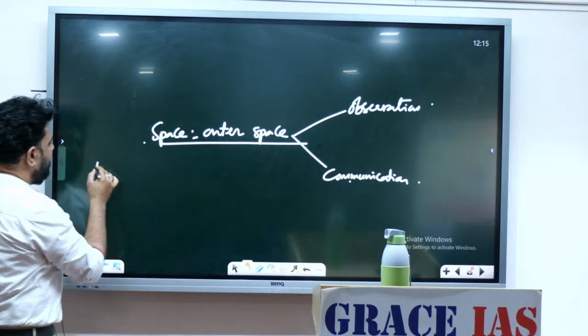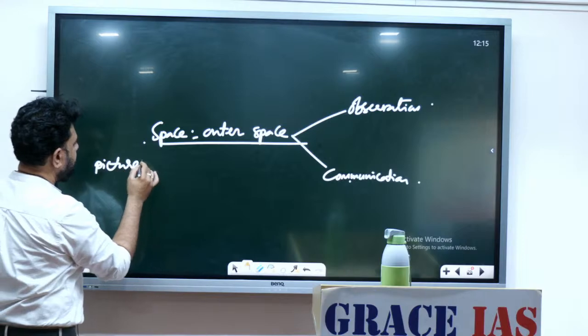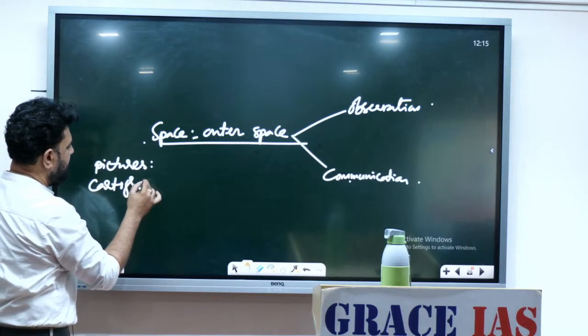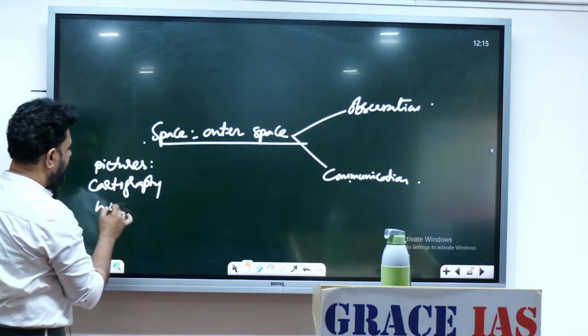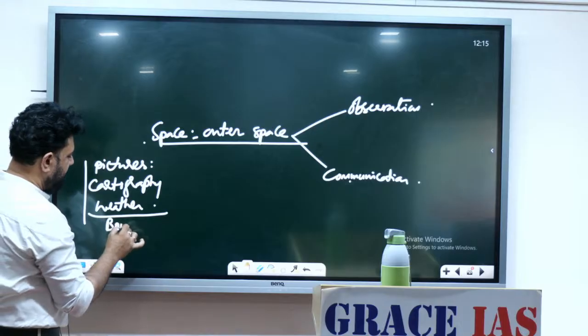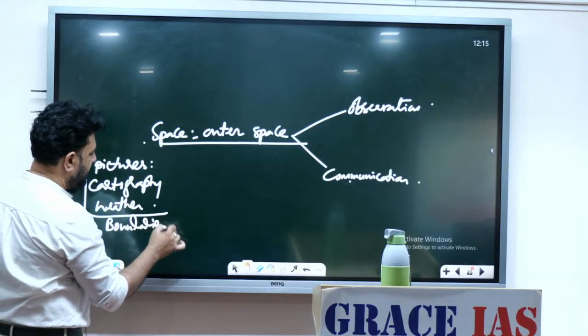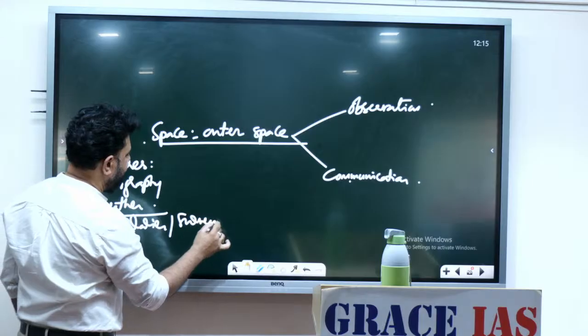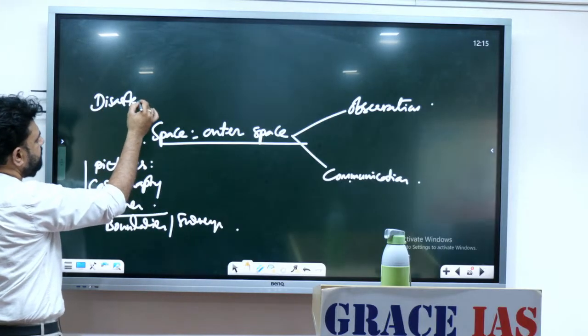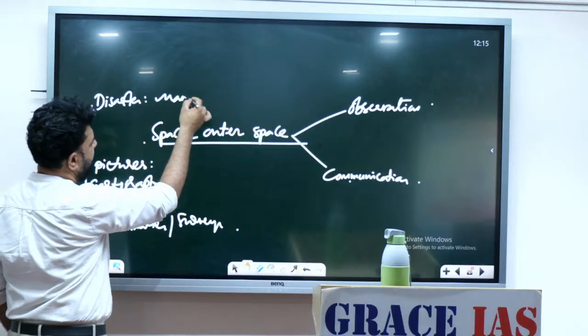Example, to take pictures, and you know the services, right? Cartography. What is cartography? Map. Yes, and weather monitoring here, and then boundaries, to draw the boundaries, to understand the boundaries here, and eventually to conduct surveys also. Yes, weather monitoring. Disaster management, we know that.